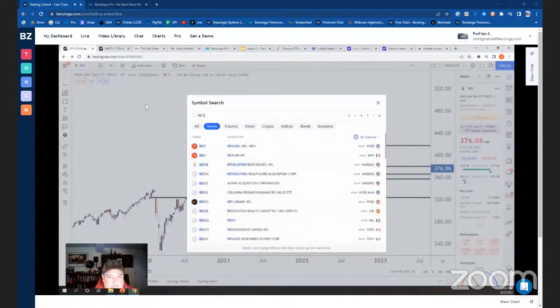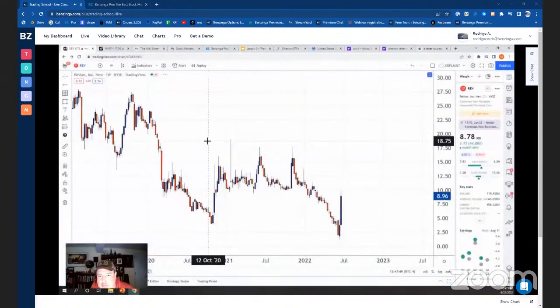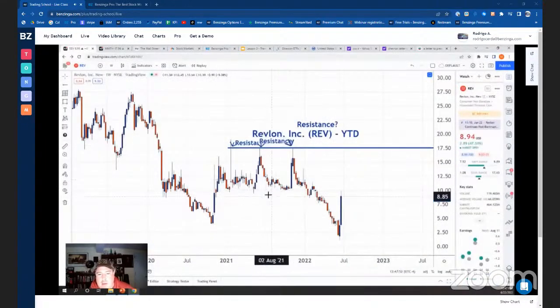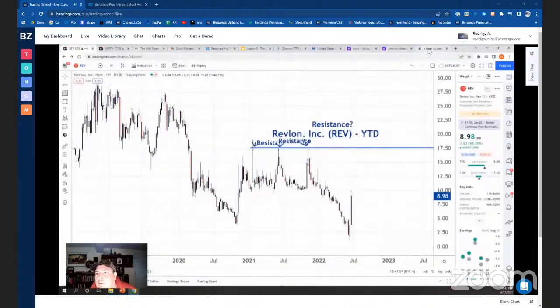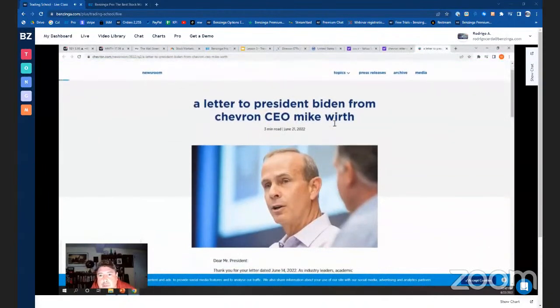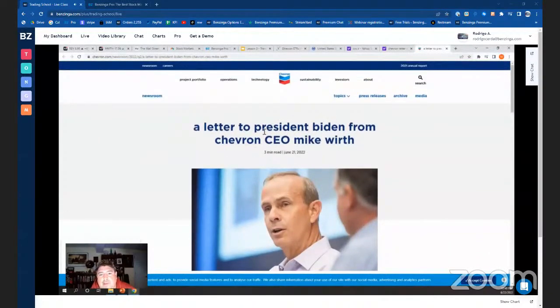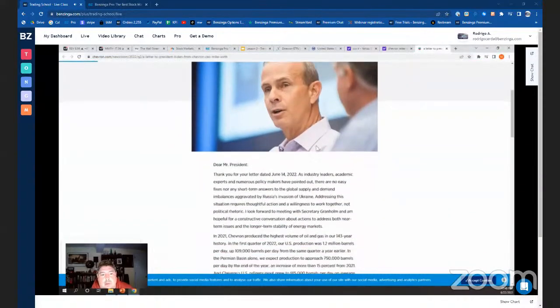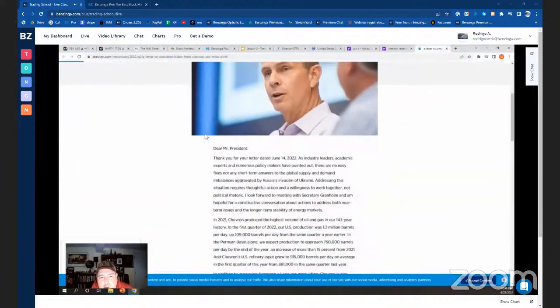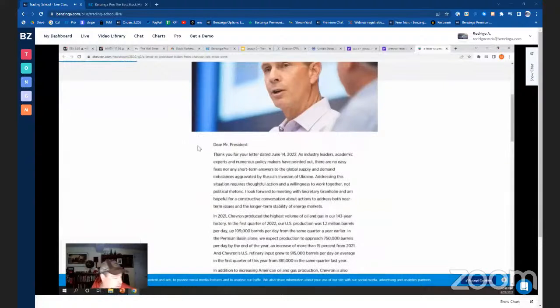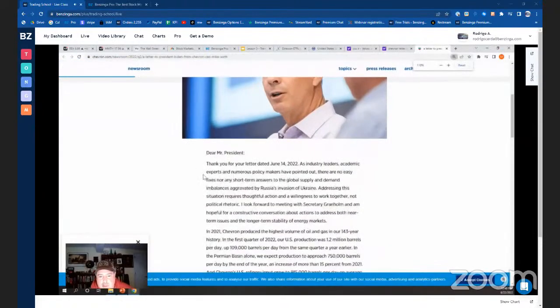Oh, I want to take a look at this Revlon. I'm going to put this up here before I forget. Looks like there's going to be some resistance at 10, not surprisingly. All right, I wonder if that's a little disrespectful, putting it in lowercase. That seems a little weird. You would think it's a formal letter to the president, but whatever. All right, so let's see what he has to say.